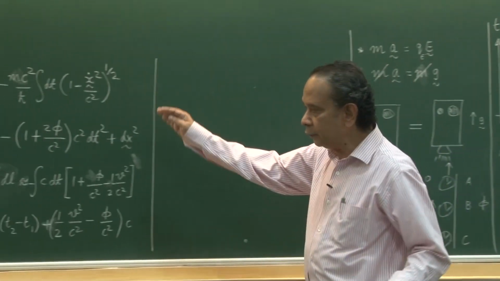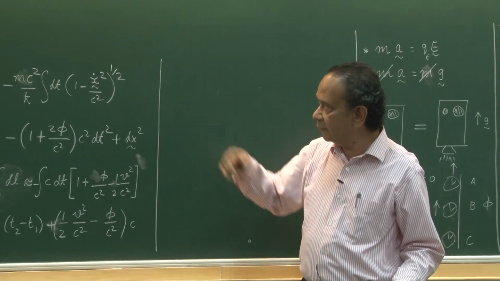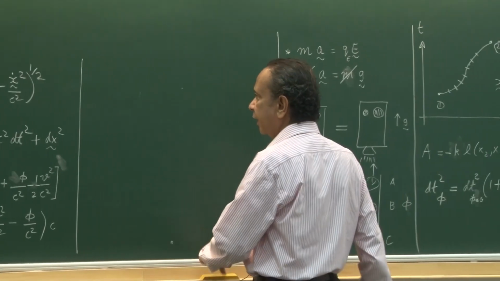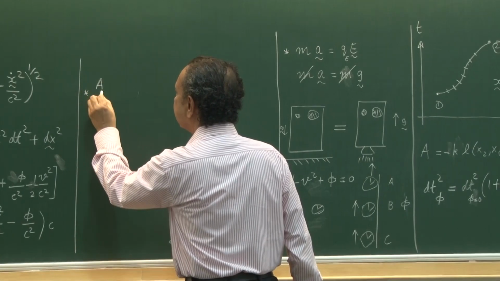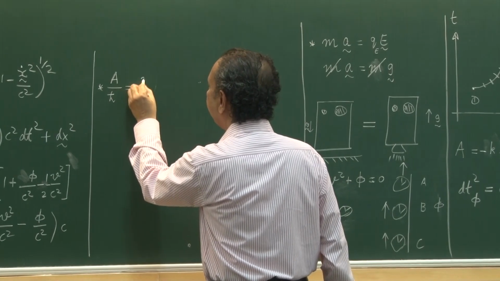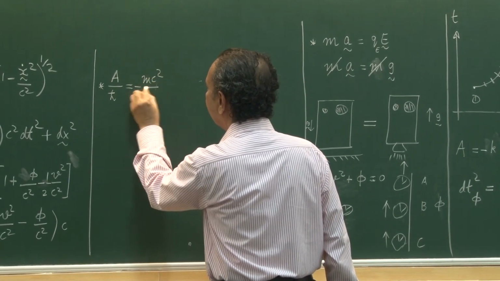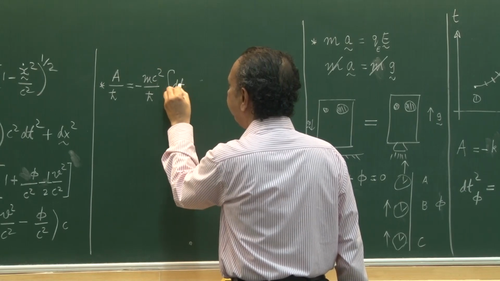This is just to tell you that the length gets modified in some form, and let us do the same thing with the action. So, if I do it for the action, then what I will get is that A by h cross will be minus mc square by h cross integral dt.